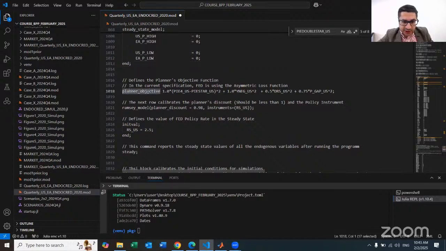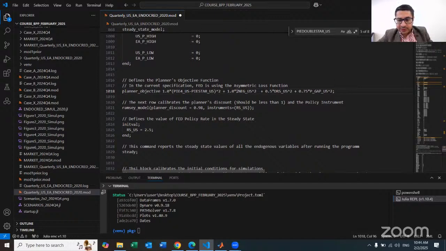That's the Dynare notation, and you choose the form of your loss function. Of course, this loss function should be quadratic. Here you can see the quadratic deviation of inflation from target and of the output gap.